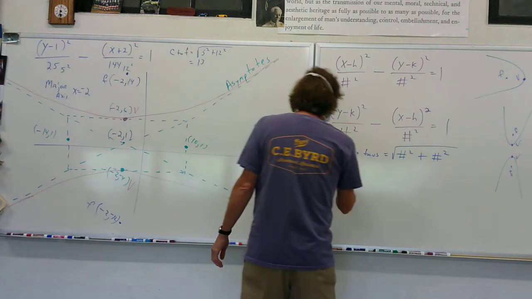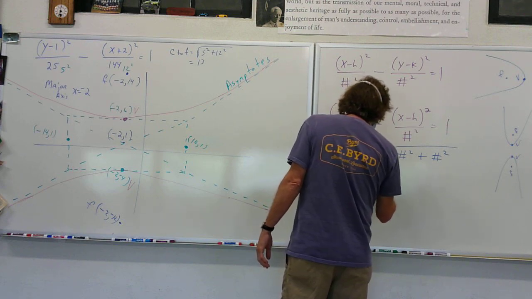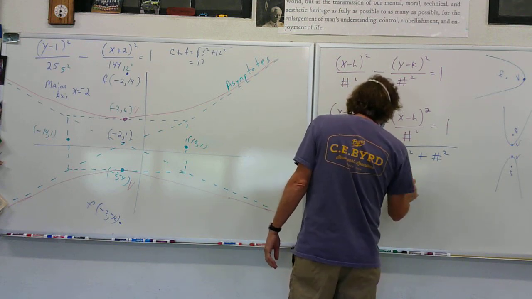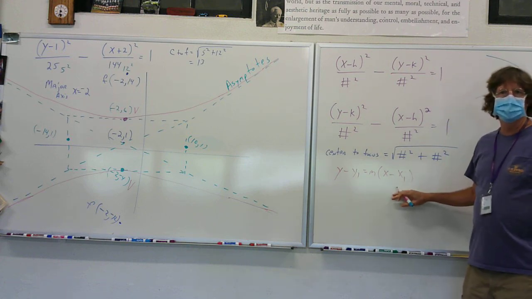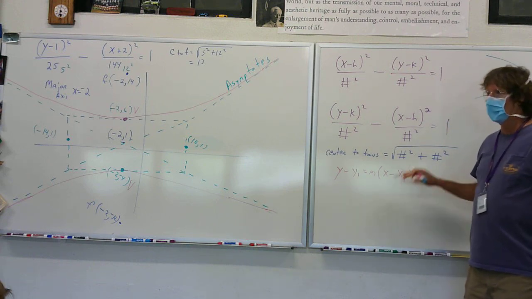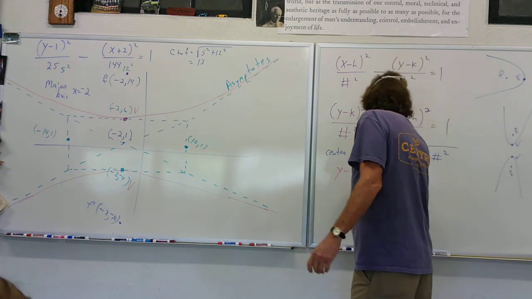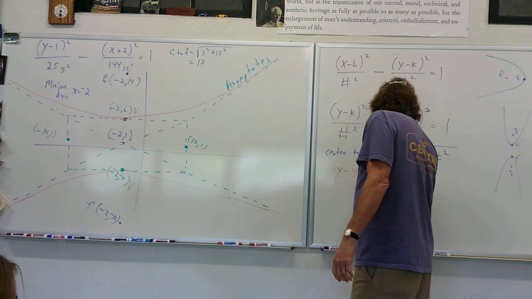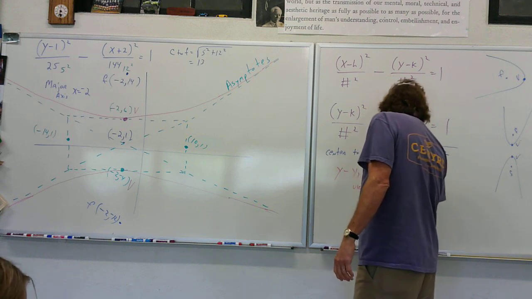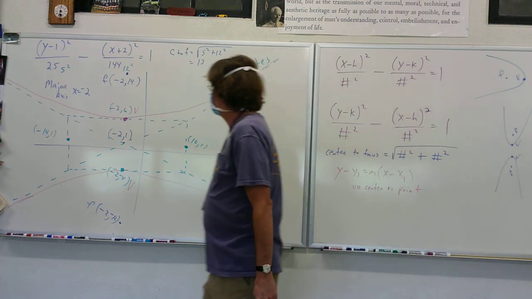To do the asymptotes, we're going to use the point slope formula because it makes it real easy. We're always just going to use the point slope formula right there. And we're always going to use the center as our point. Somebody says, well, no, Mr. Evans, you don't have to use the center.